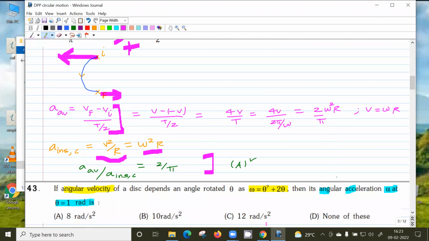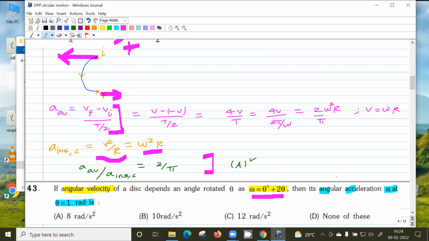Okay, this one. Here is non-uniform. This is also a simple question. Alpha, by definition, we'll get it. What is alpha?